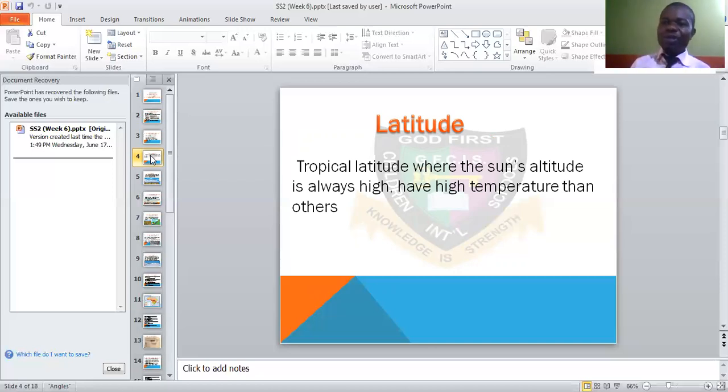So with latitude, we have the sun's altitude to be high. If the sun is overhead at the Tropic of Cancer, the temperature there will be high, and the Tropic of Capricorn will have low temperature. So the latitude of a particular place has something to do with the climate of that particular area. The next thing is altitude.